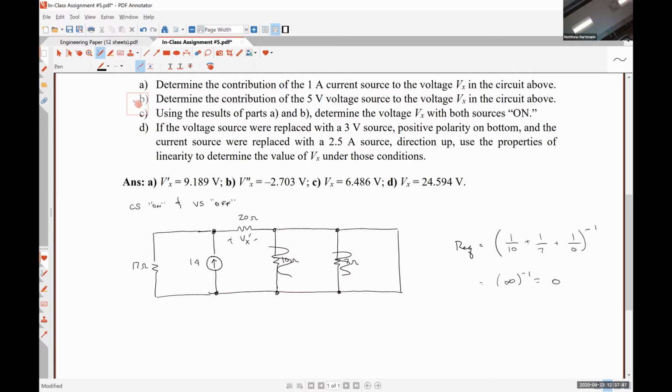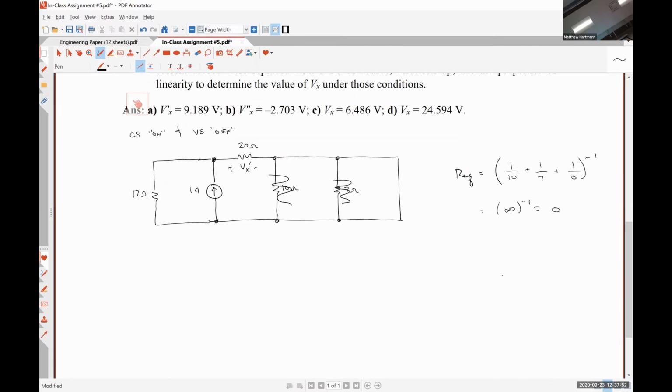So if we do current division and then Ohm's law, this is an opportunity for me to show you guys something. So let's do current division. The current, let's call it Ix prime, is going to be 1 amp multiplied by 1 over 20 ohms, divided by 1 over 17 ohms plus 1 over 20 ohms, using current division, right?